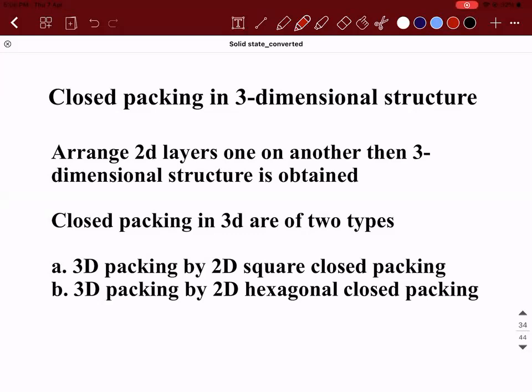AB type is where you place one layer of particles, and in the depression of 1 and 2 you place the third particle. So definitely you can note a difference between the first layer and second layer.